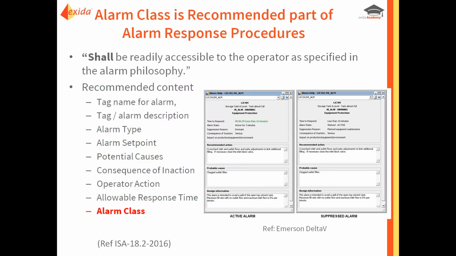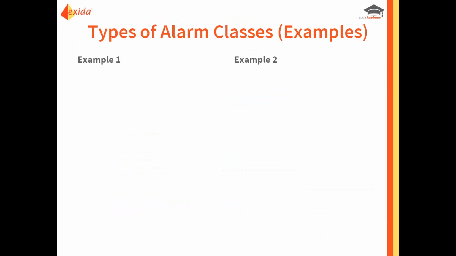A lot of this information comes out of rationalization: information like the potential causes of the alarm, the consequence, the operator's expected action, and again, the alarm class is expected or recommended to be part of the information included in an alarm response procedure. So now let's look at a couple of examples of types of classes.